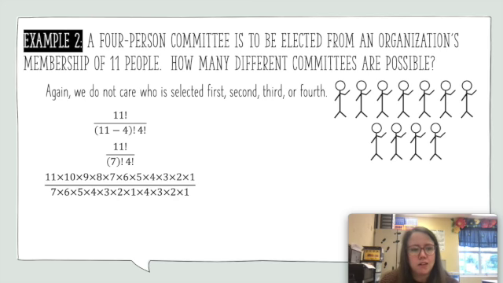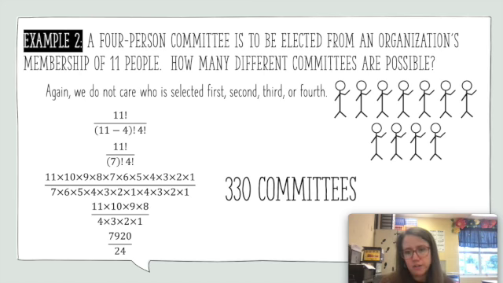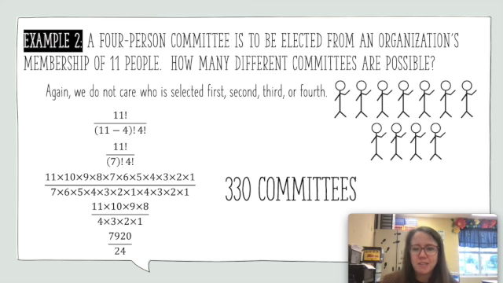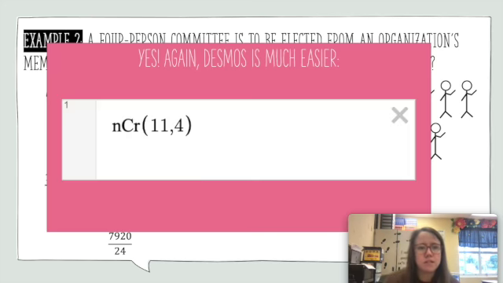I did not do the crossouts again, but the crossouts make this happen, which then makes it 7,920 over 24, which is 330 committees. Sorry. Again, do I expect you to do all of this algebra? No. So let's look at Desmos. Try typing it in Desmos. Make sure that you can type in nCr(11,4), and then it gives you 330.